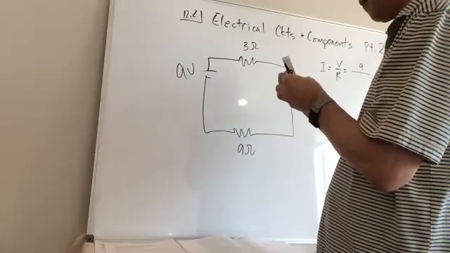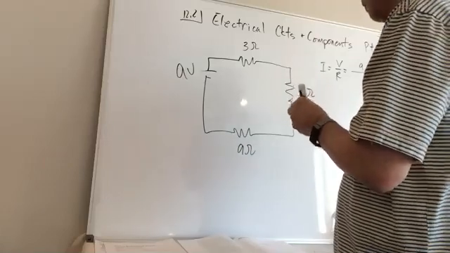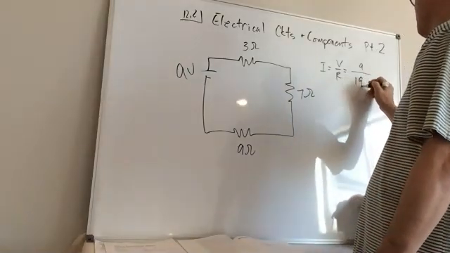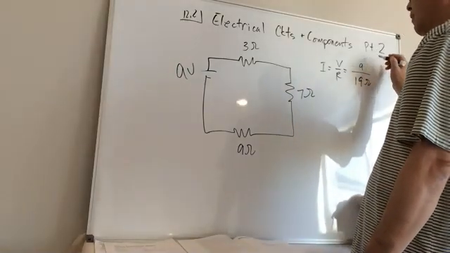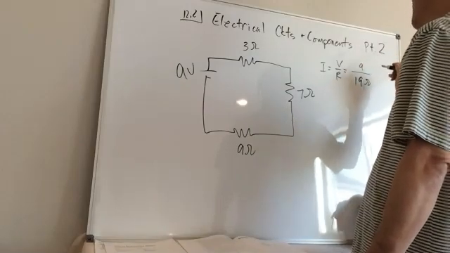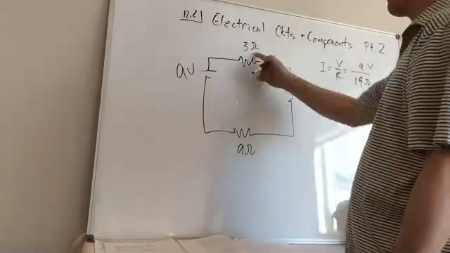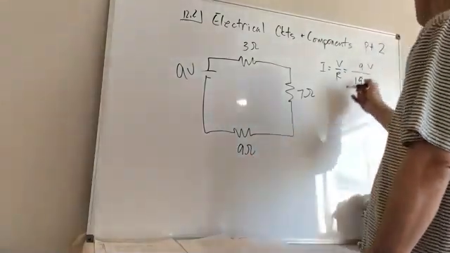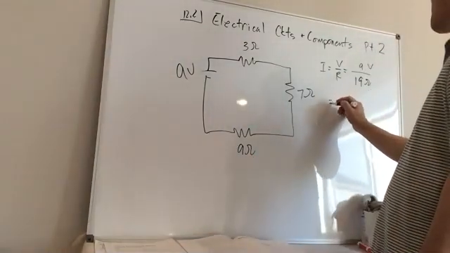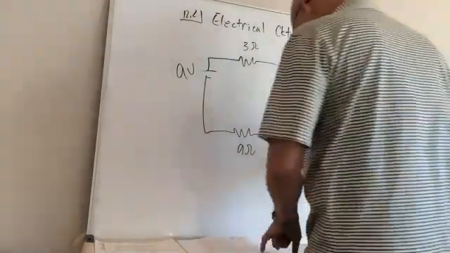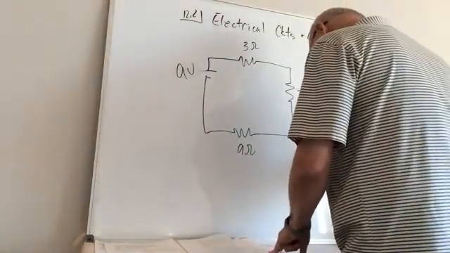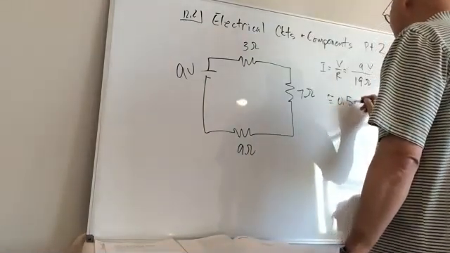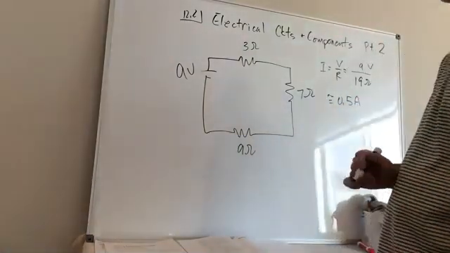So 3 plus 7 plus 9 is 19. Okay, so we're going to get 9 volts divided by 19 ohms. And if we do that, you're going to get approximately 0.5 amps, about half an amp.